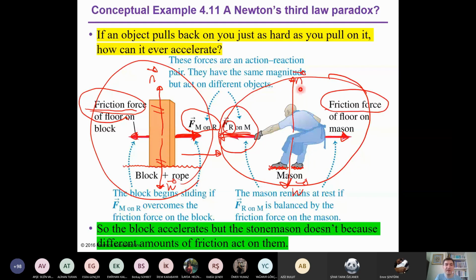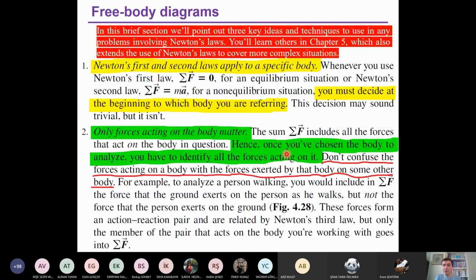For example, here we have another force applied by the mason on the rope. You cannot use this force for this object. This is very important. Only forces acting on the body matter. Hence, once you have chosen the body to analyze, you have to identify all the forces acting on it.